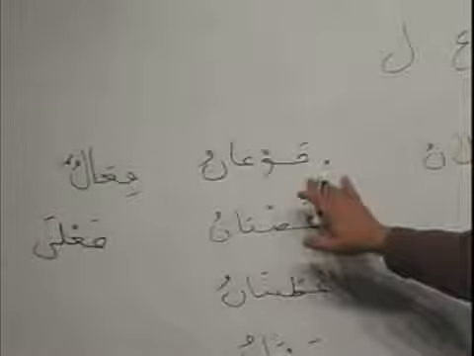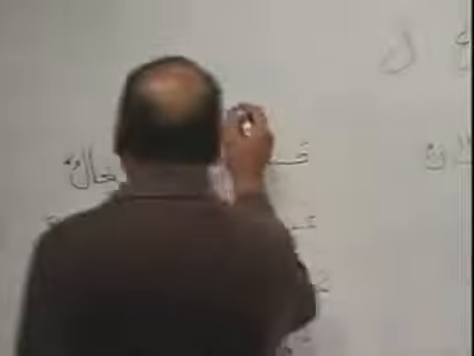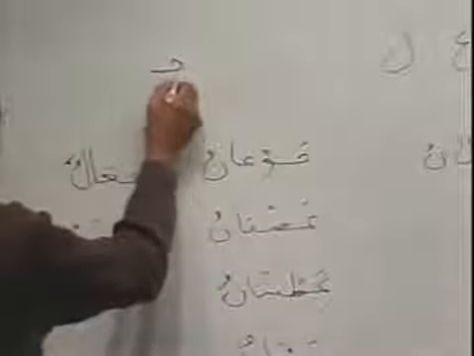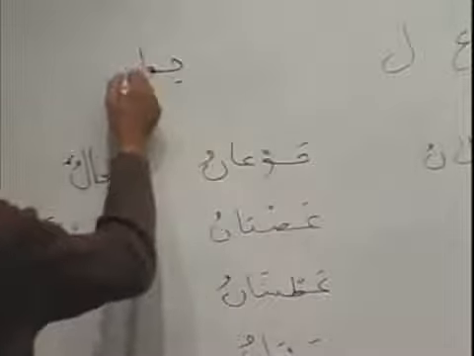And ya is not compatible with dhamma. We are going to learn all these things, inshallah. Instead of saying jiva'un, you say jiya'un. What do you say? Jiya'un. Instead of saying jiva'un, because of kasra, the waw changed into ya.